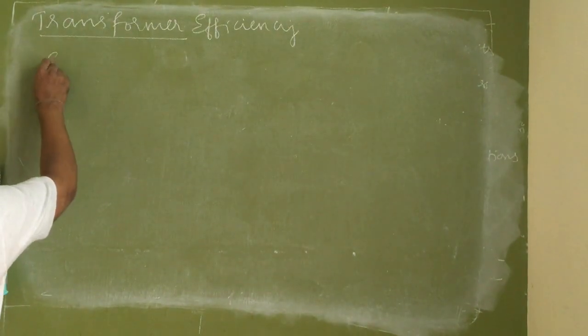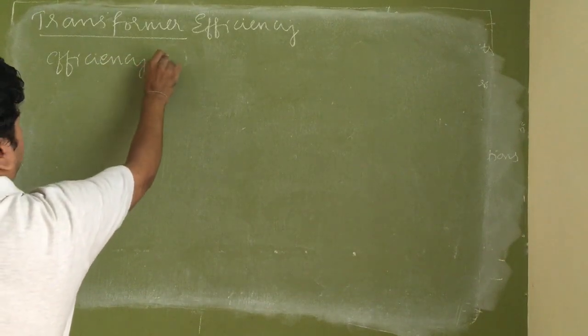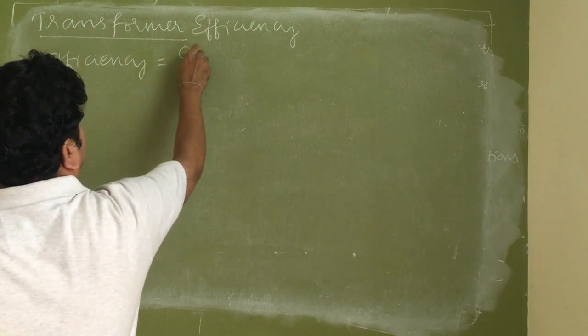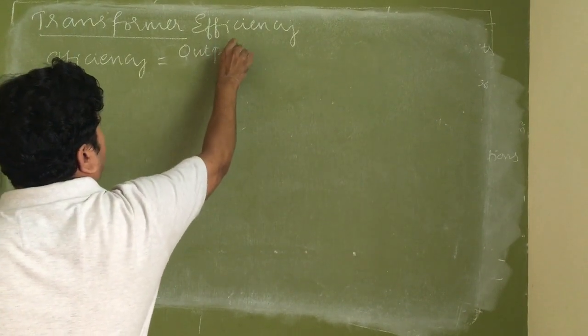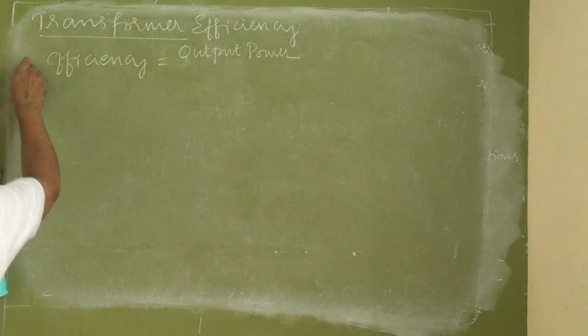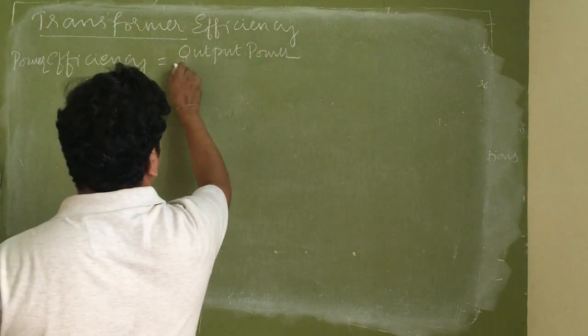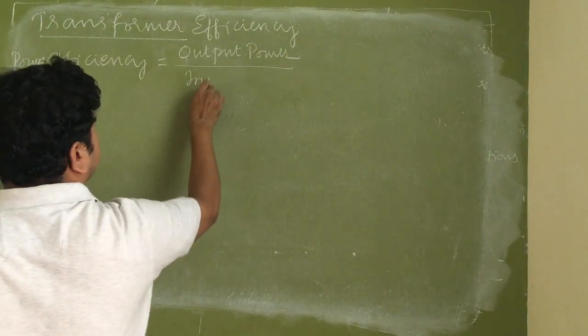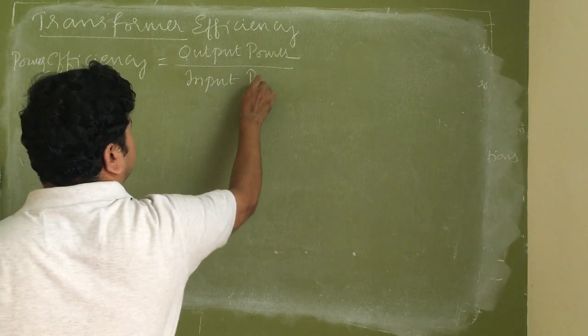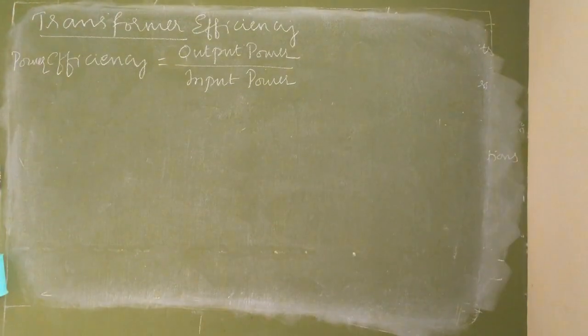It is the simple ratio of output power to input power. Power efficiency is the ratio of output power to input power.